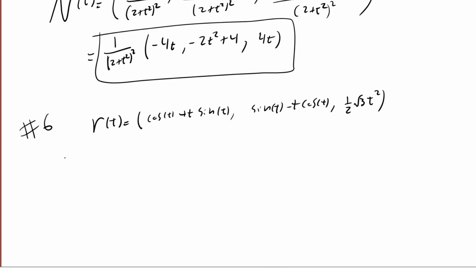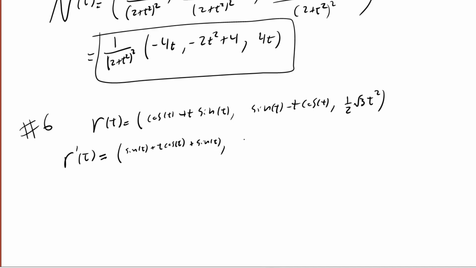So the tangent vector, that's going to be not fun. Okay, derivative of cosine is negative sine t. Then I have to use the product rule, so I do t times derivative of sine is cosine plus sine t.